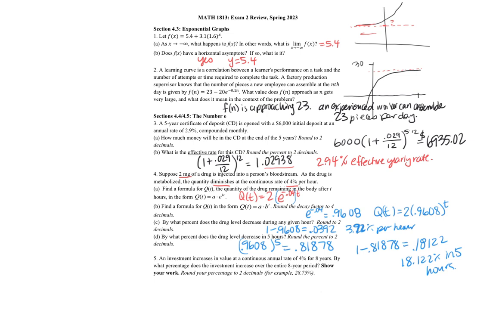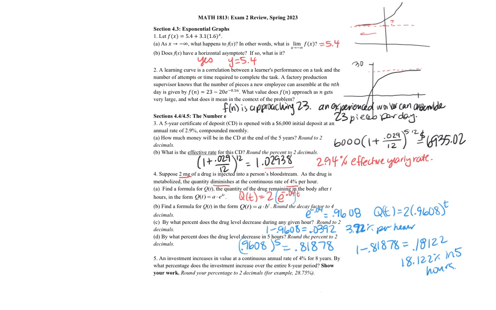Okay, so then an investment increases an amount at a continuous annual rate of 4% for 8 years. By what percentage does the investment increase over the entire 8-year period? Okay, so let's see here.